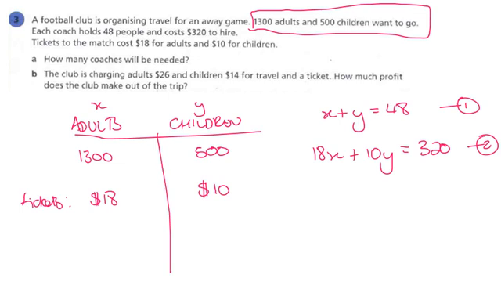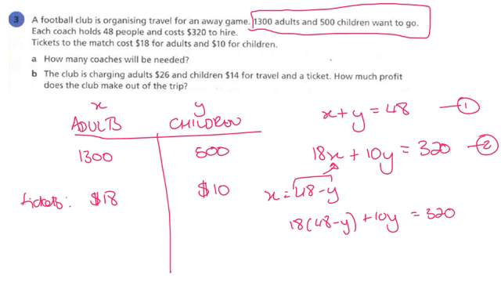We first have to find out how many coaches we need, because each coach can hold 48 people. Of that 48 people, we have adults and children. We don't know what the split is until we work out X. The cost per ticket is 18 for adults and 10 for children. So we've got to set up two equations which we can solve. If we let X equal 48 minus Y, we can substitute this expression in, so we'll have 18 times (48 minus Y) plus 10Y equals 320.